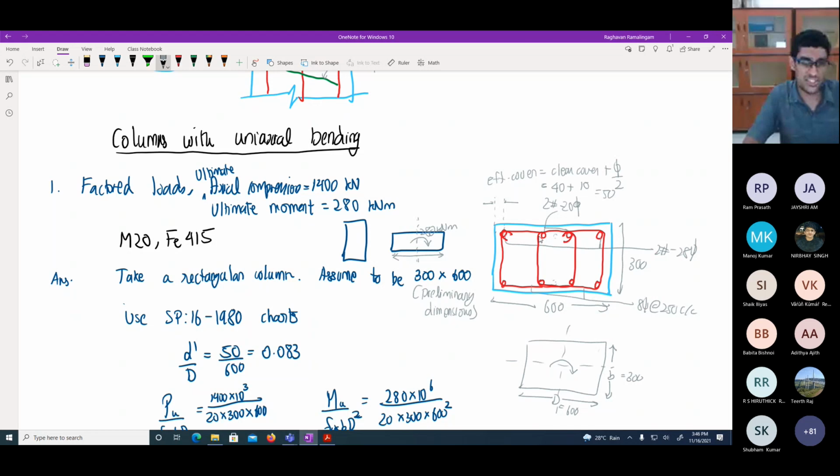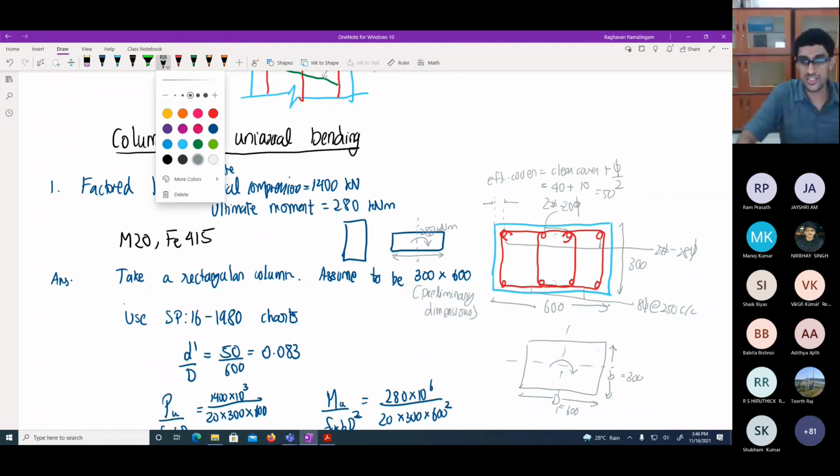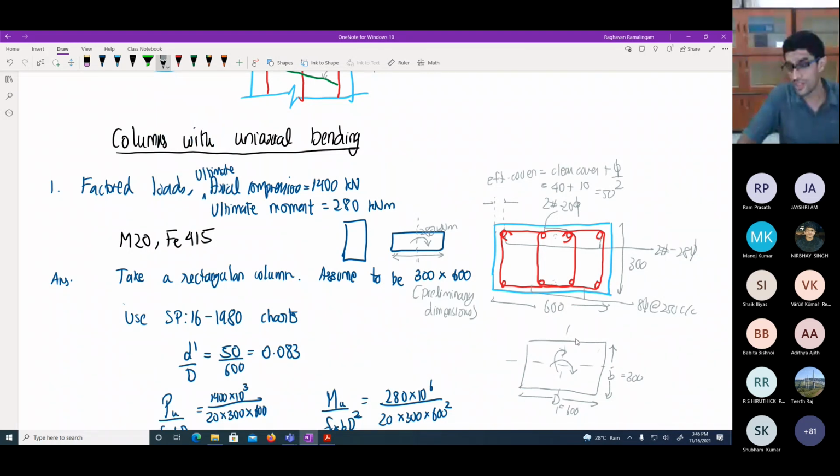In many cases it doesn't make much of a difference, but many times in an actual building column, you will not have pure uniaxiality. You will have many times moment along this direction as well. Even if you call it a uniaxial bending problem, there may be some moments which you do not calculate, which are caused because of construction clearances, tolerances, some eccentricity.